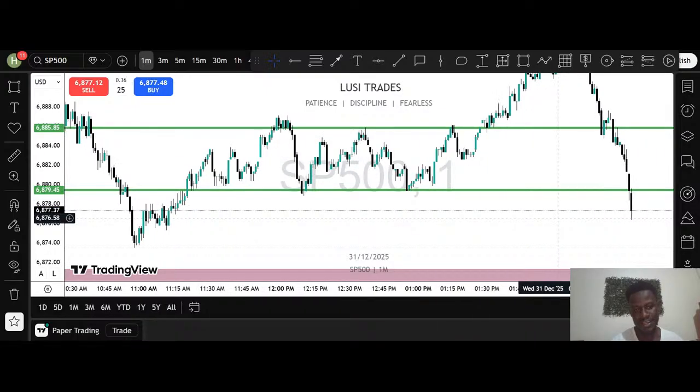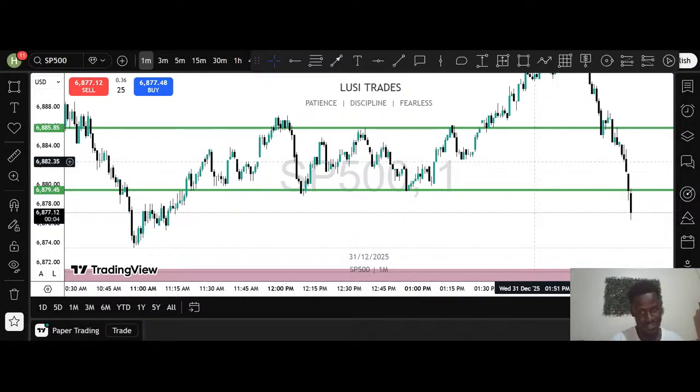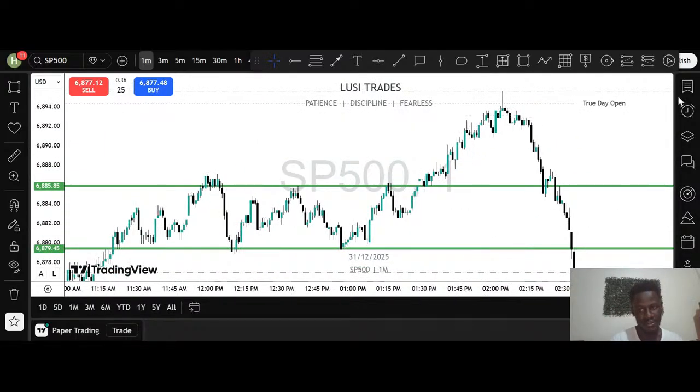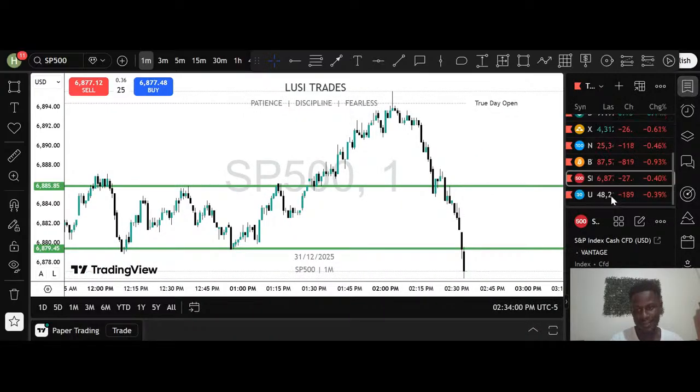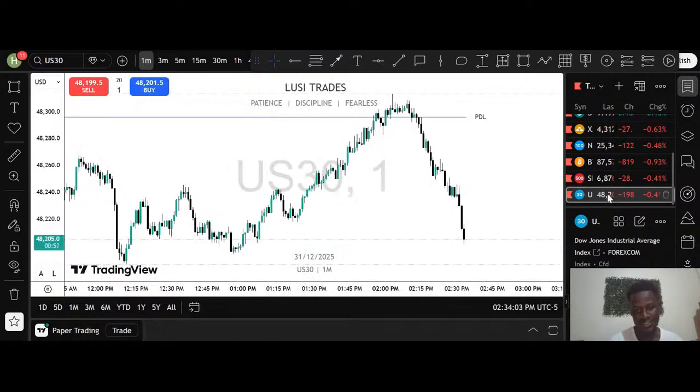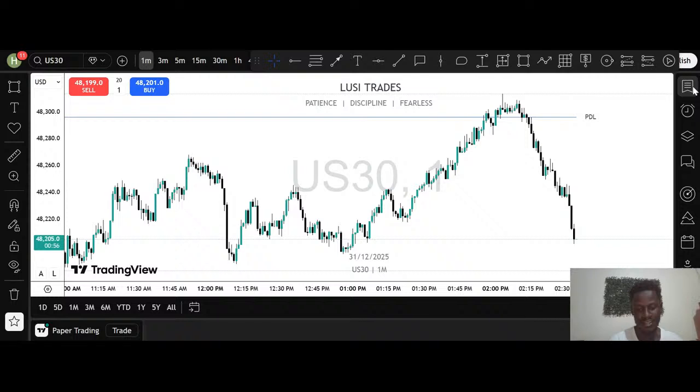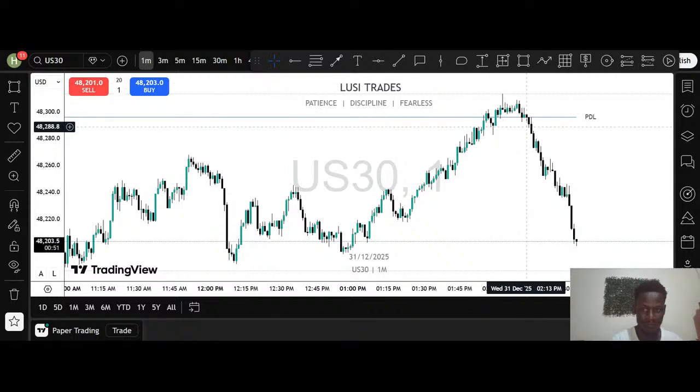If you can understand what you're doing, then trading will all make sense. So YM, same: high, low, higher high, boom. This low taken out, fair value gap, another fair value gap, and you see price rolling nicely now.